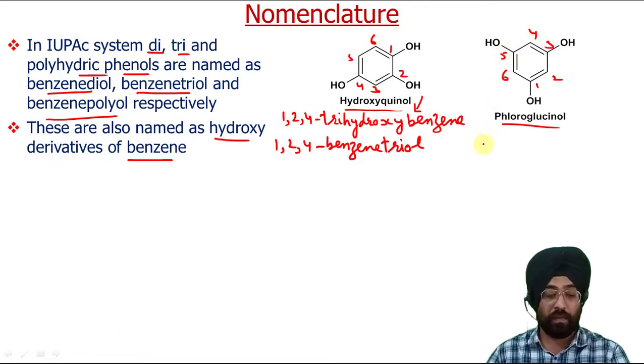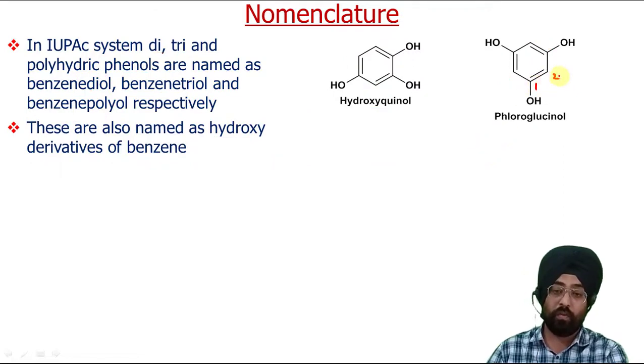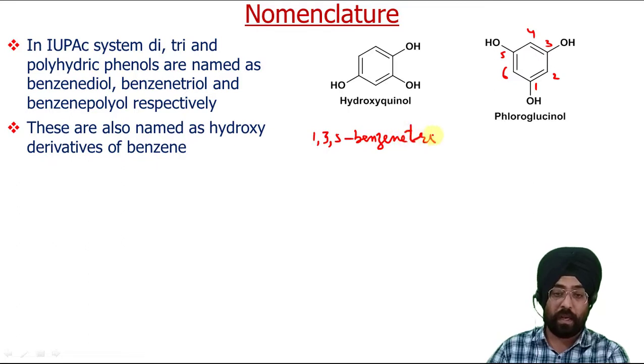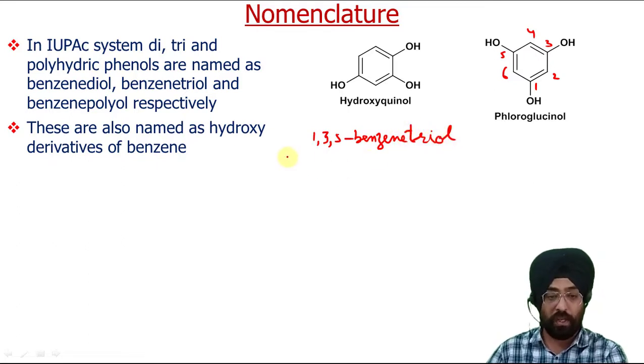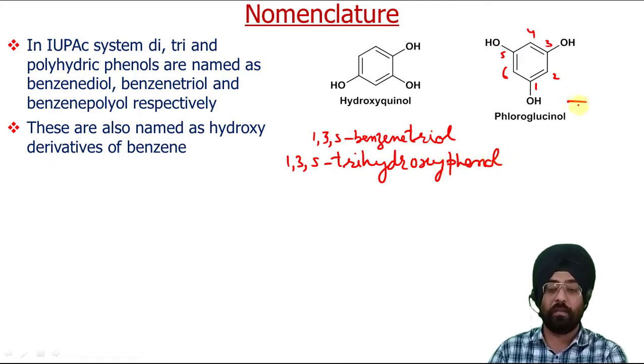Its name will be 1, 3, 5-benzenetriol, or we can also call it 1, 3, 5-trihydroxyphenol. So that is the name of this compound.